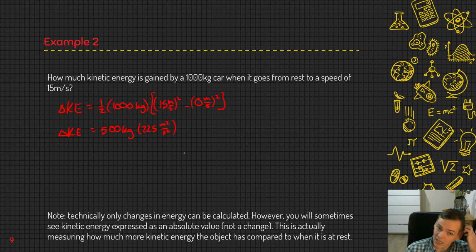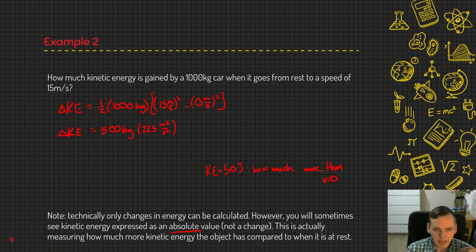But the reason I wanted to highlight this is that, as a reminder, we can only technically calculate changes in energy. But there might be places where you see it given just as kinetic energy, so you might see something like KE equals 50 joules. What is implied there is this is how much more than when the speed is equal to 0.